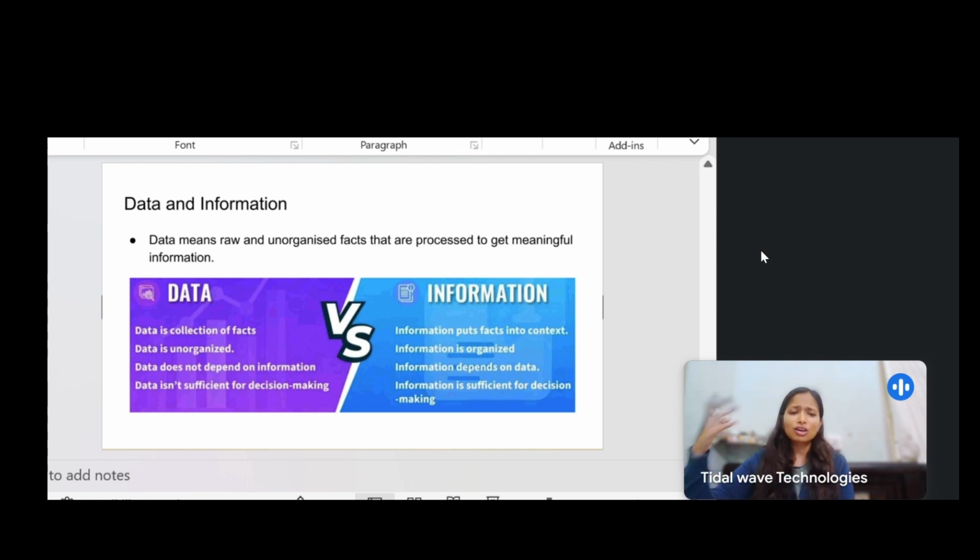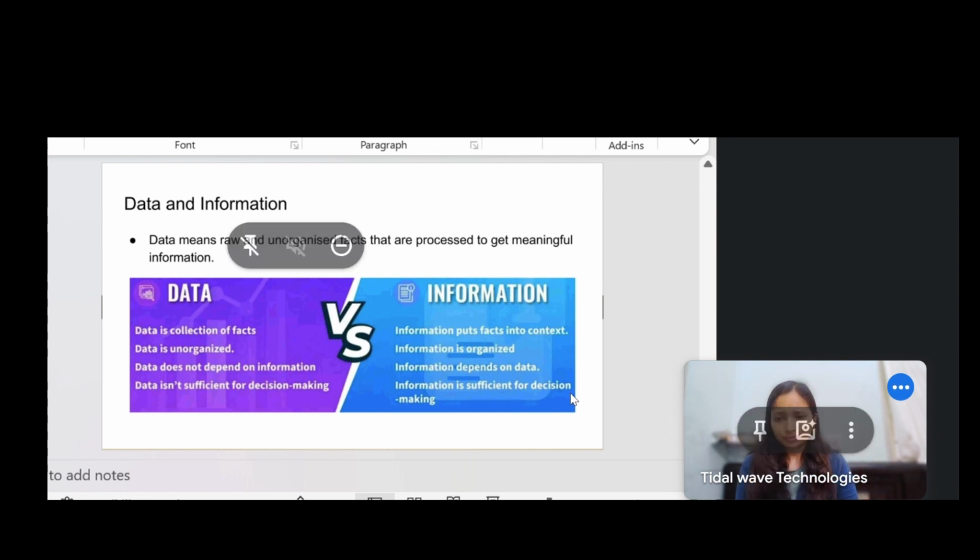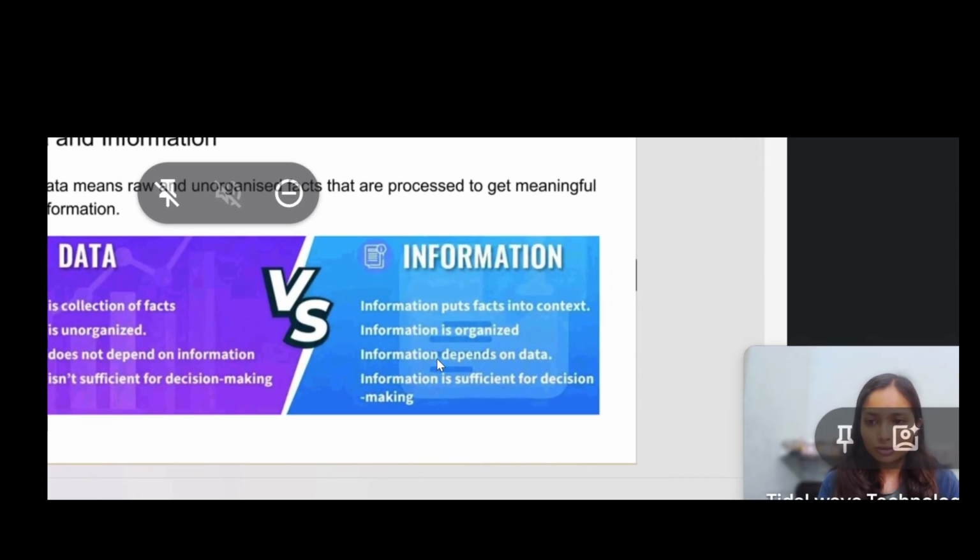Data which is unorganized, that is not structured, is nothing but data. When you organize it, arrange it as per your needs, that is nothing but information. Let's see what are the differences first.